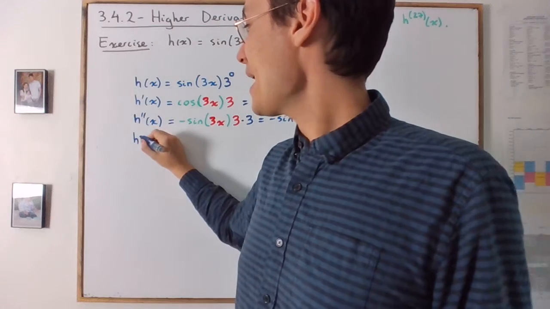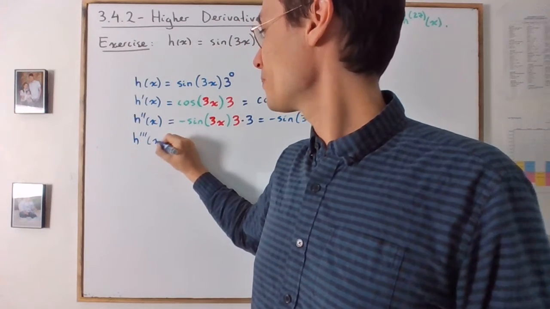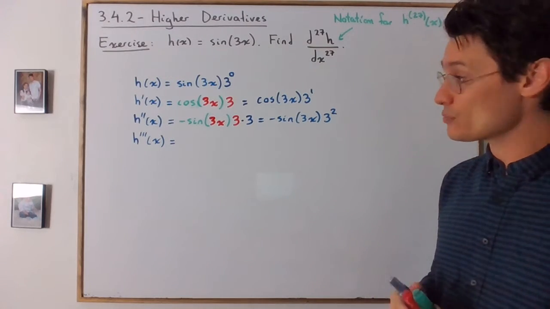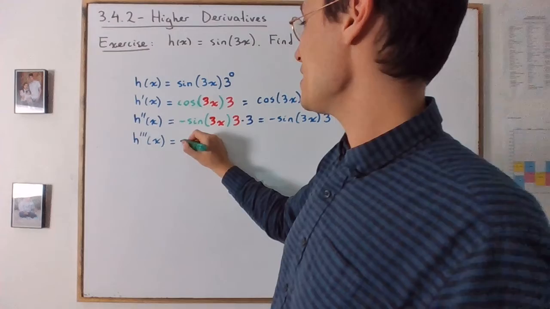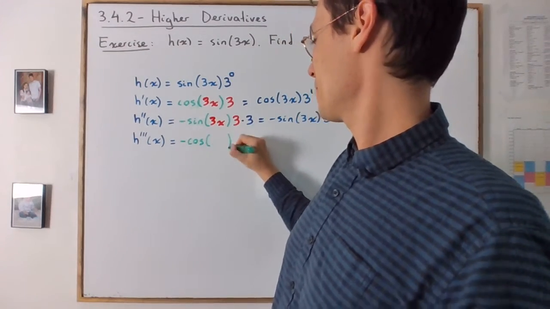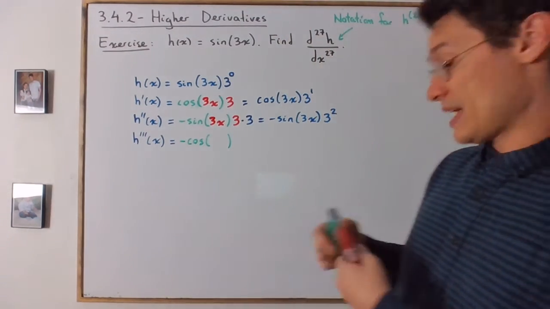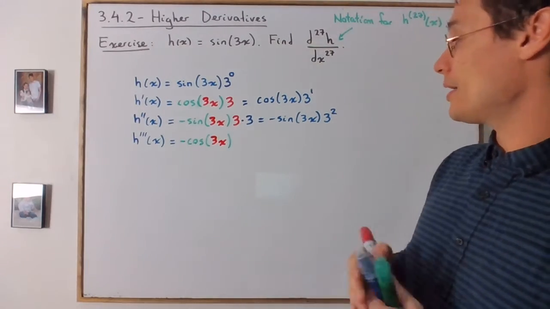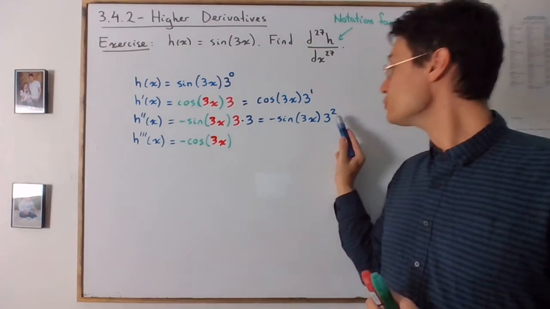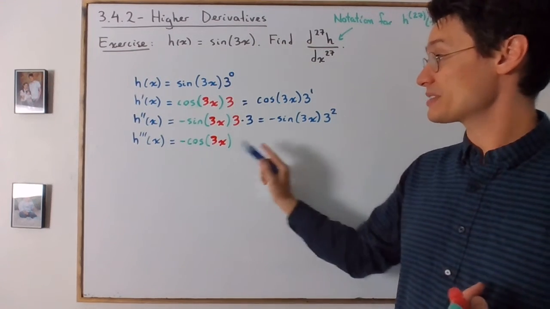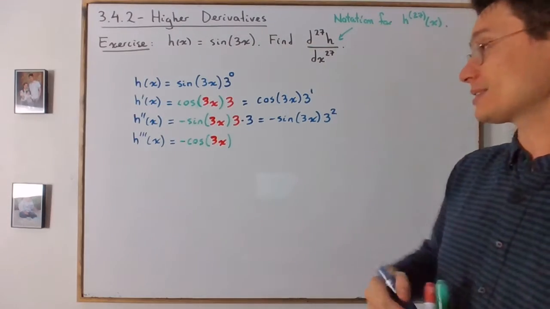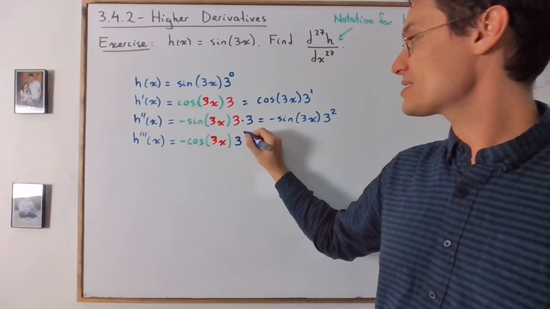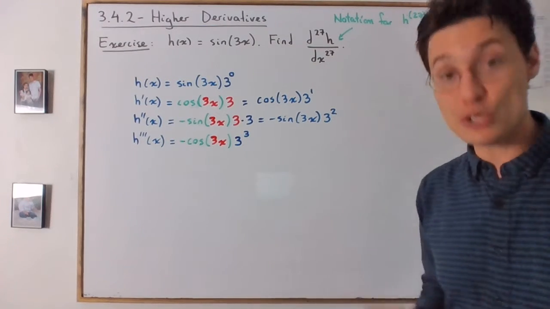Let's continue. h triple prime. So we take the derivative of negative sine, and the derivative of negative sine will turn out to be negative cosine of 3x. And now I'm actually going to use the pattern that I have. I'm just going to confirm it. I will have an extra 3 that comes in from the outside-inside rule that multiplies with this 3 squared to give me 3 cubed.